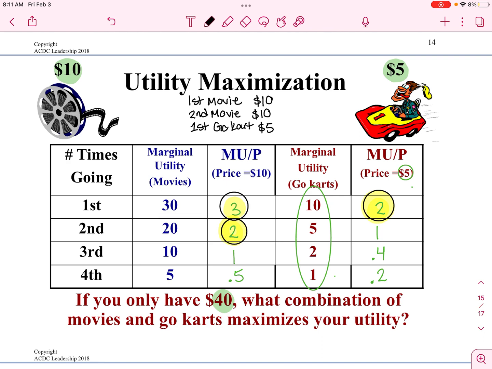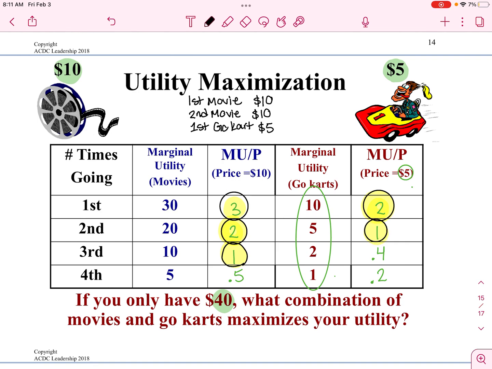And these problems you're going to see will always work out like this in this class. But we want to see, are we going to the third movie and getting 1 util per dollar of satisfaction, or going on the second go-kart and also getting 1 util per dollar? Well, we're going to do both of those. We're indifferent between those two.